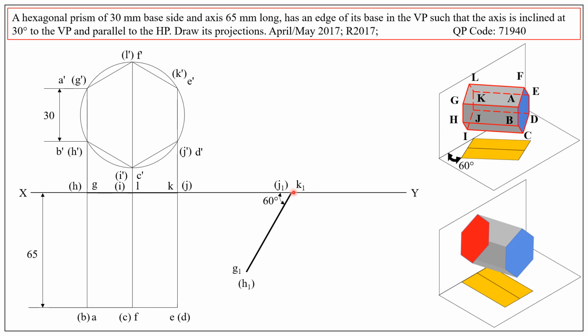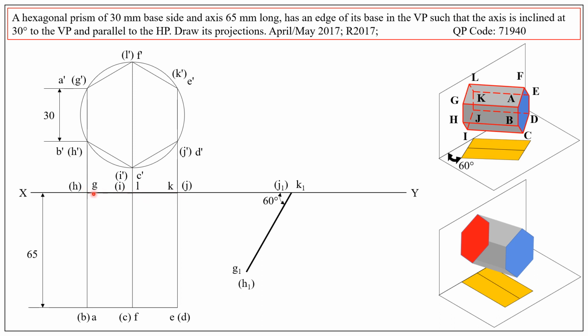And we know this point is JK. So point JK is on the XY line. JK is an edge which is perpendicular to HP and touching VP. Therefore, it appears as a point. So JK is this, and the other end of this side of the rectangle is GH. So G1, H1 is shown here. The distance between K1 and G1 is equal to the distance between KG.